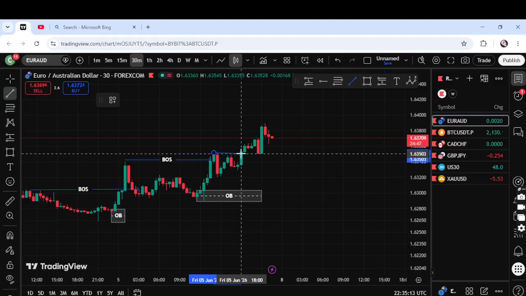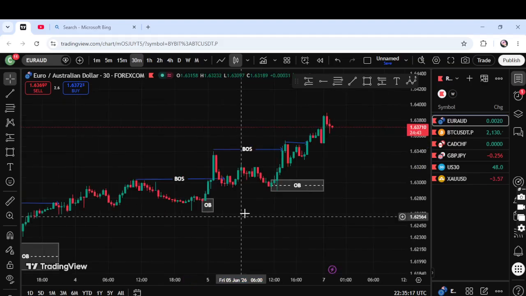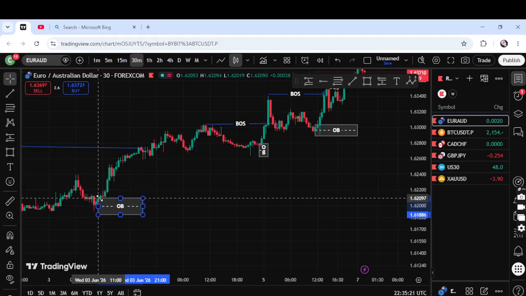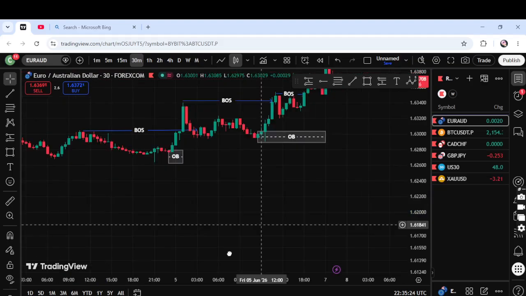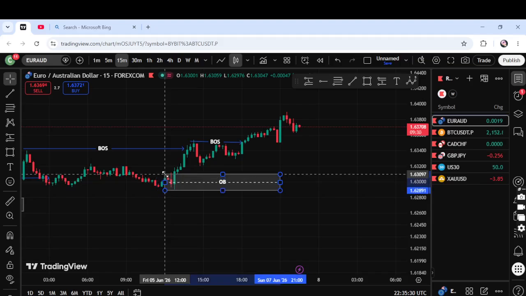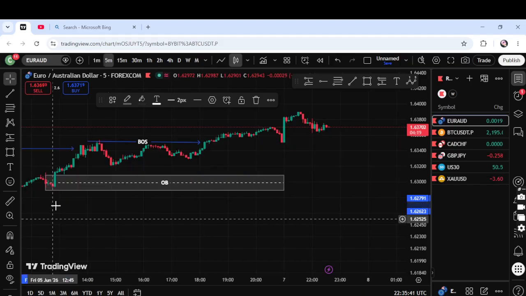Another break of structure here. Then 15 minutes. Plenty of time frames. We find this to 5 minutes to get a fine entry.